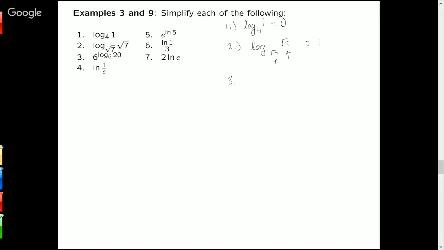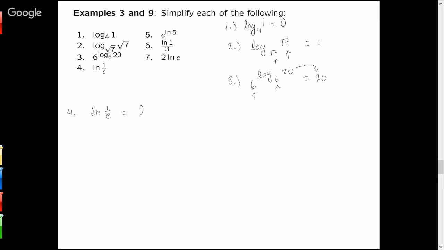Let's look at number 3. 6 to the log base 6 of 20. Those two are the same, so your answer is the value in your logarithm. That's 20. That's our rule 3. Let's look at 4. Natural log of 1 over e.